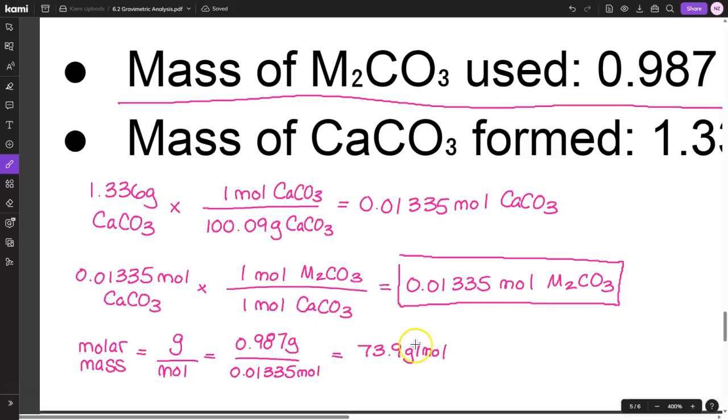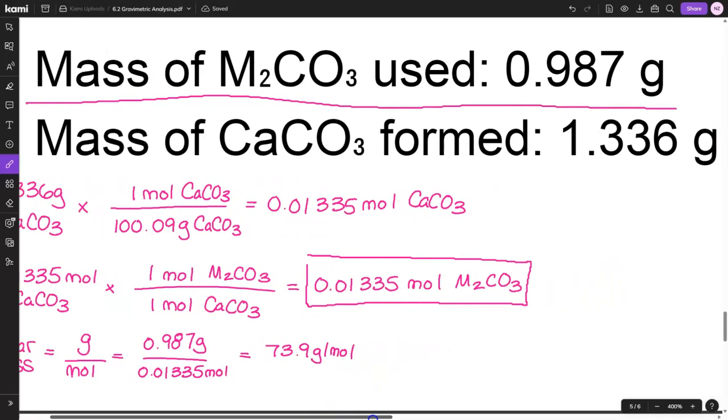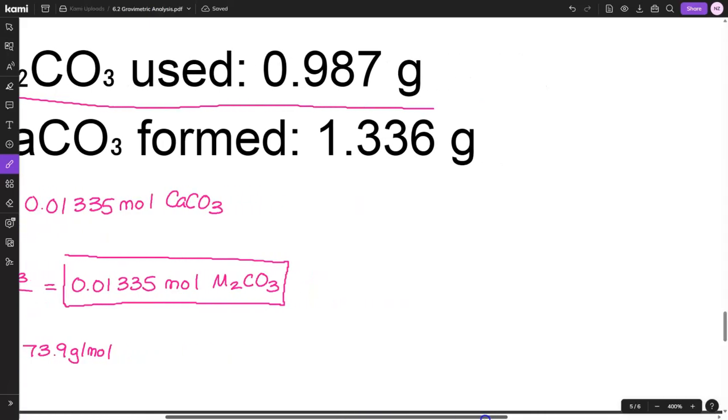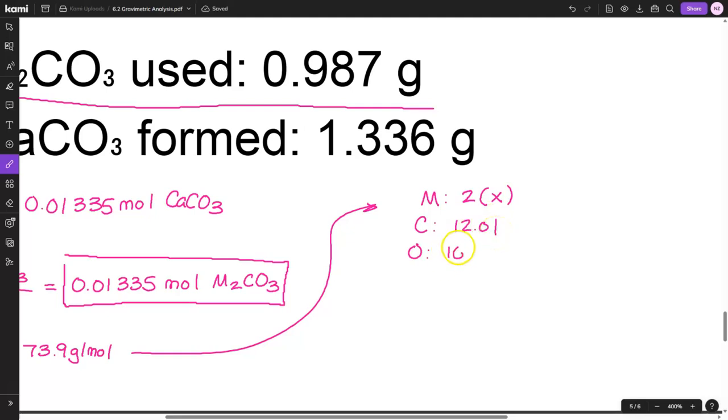Okay, now that's not our answer, but we're close. So our 73.9, let's look at this. Our metal, whatever it is, and its carbonate, CO3. So we have 2 times whatever our metal is, we'll call it X. Carbon is 12.01. Oxygen is 16, but we have 3 of them.